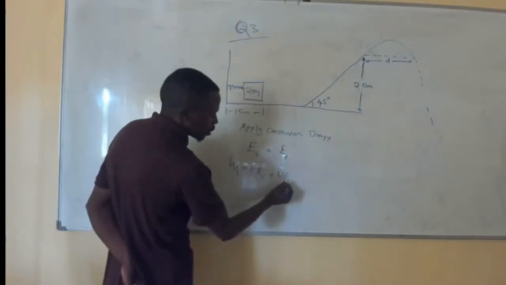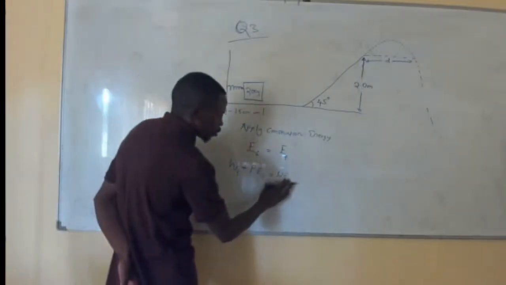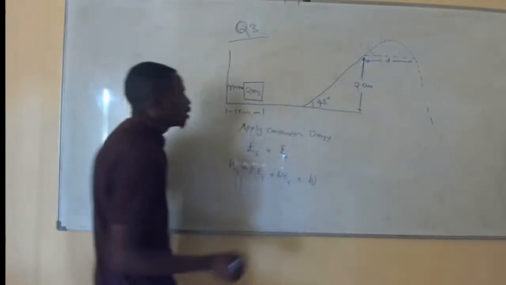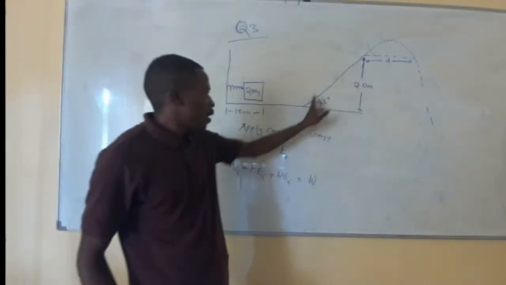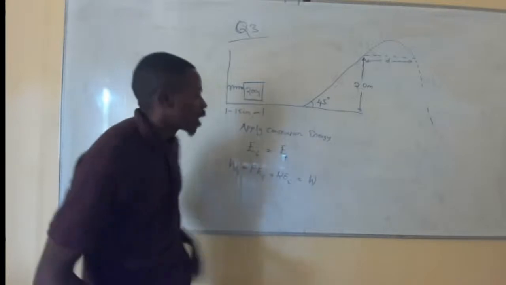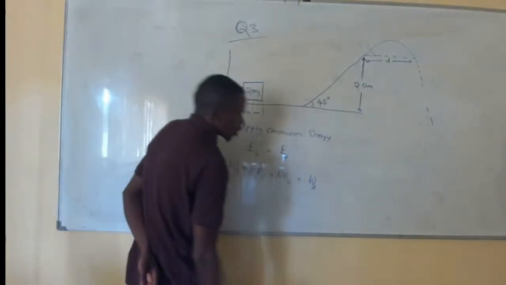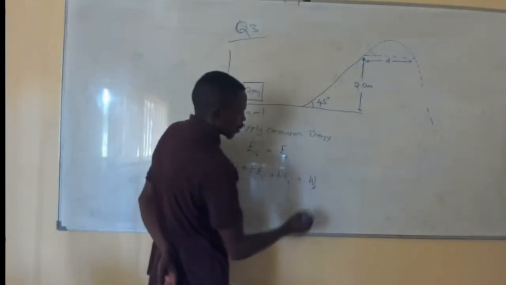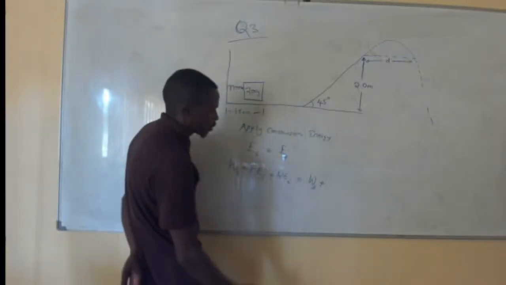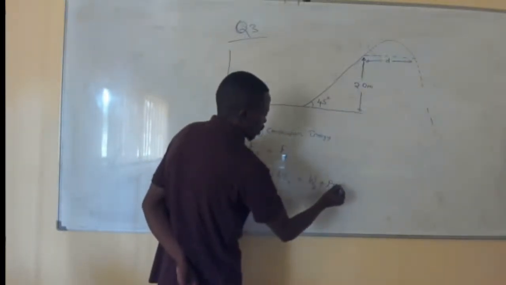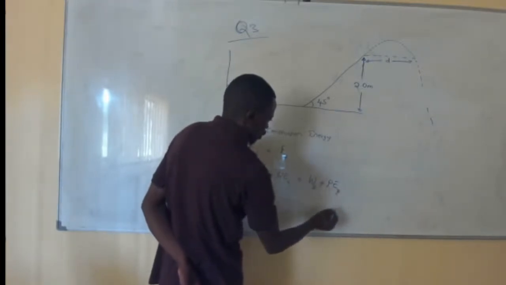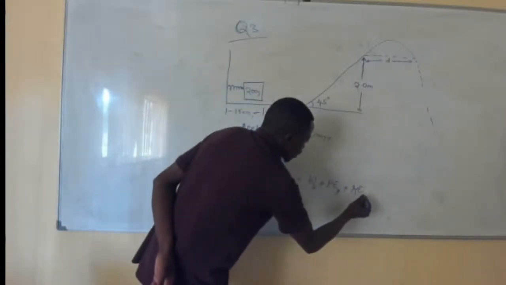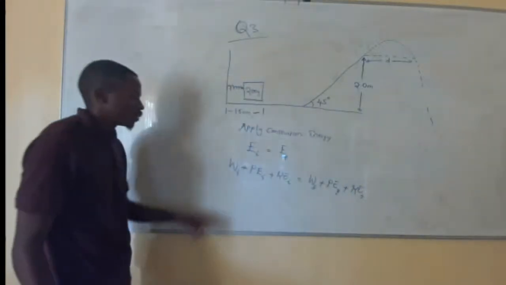That should equal the final energy: the work done against friction as it moves up the incline, plus the final potential energy, plus the final kinetic energy.